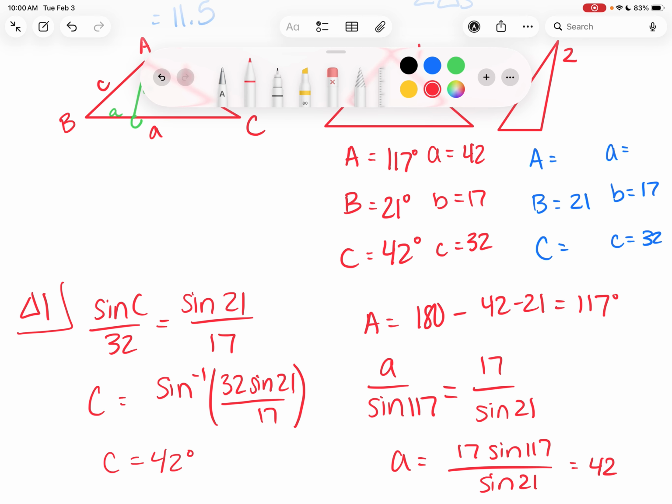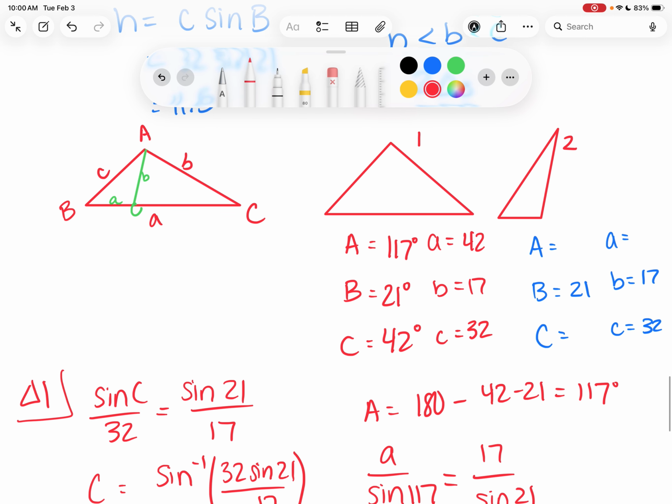Now, solving for triangle 2 is actually much easier, but you have to pay attention to what we're looking for. I've already told you that the information that was given does not change. The next thing I'm going to do is find this angle here, which is changing to this angle here.